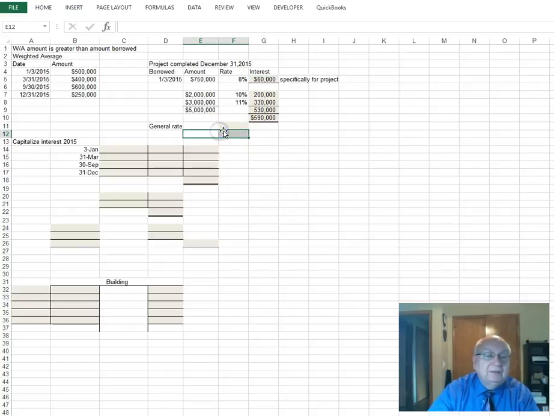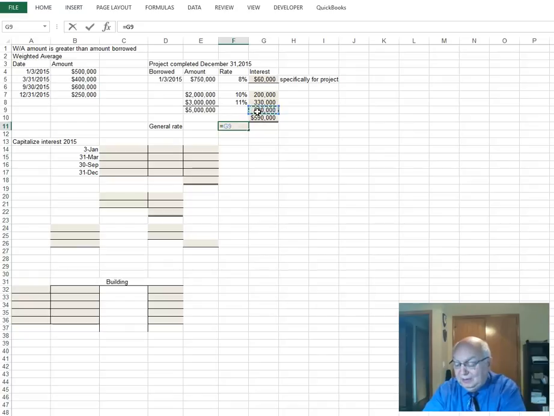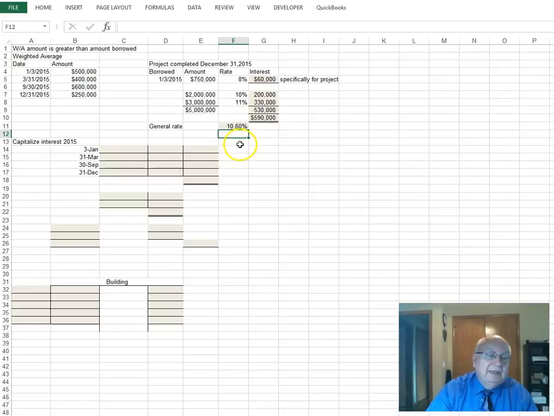The general rate is done the same way. You will take the 530 divided by the 5 million, or 10.6. This is exactly like we did before. The difference was, remember, this was $1 million before, now it's 750,000.